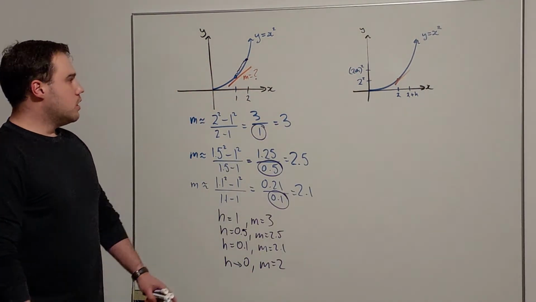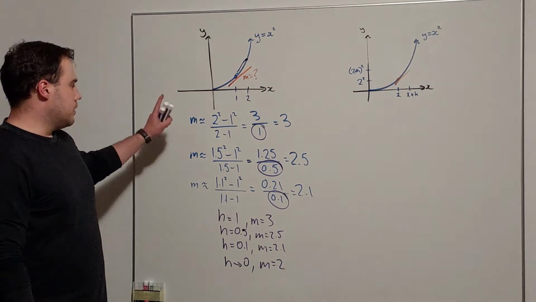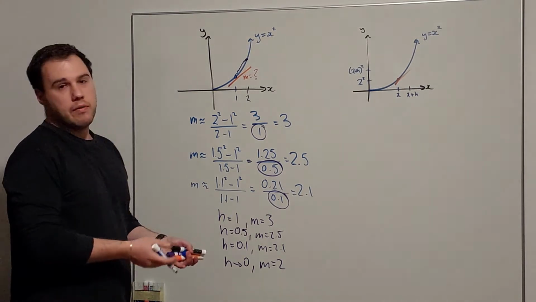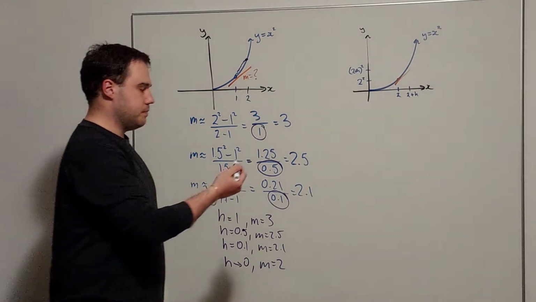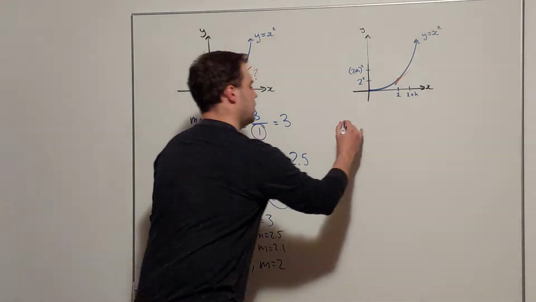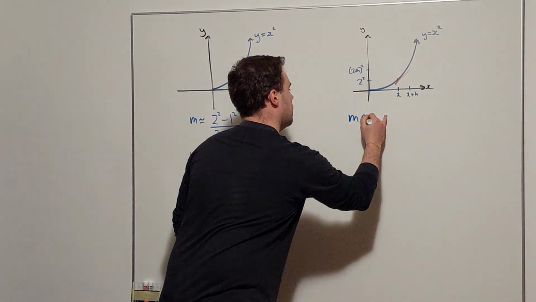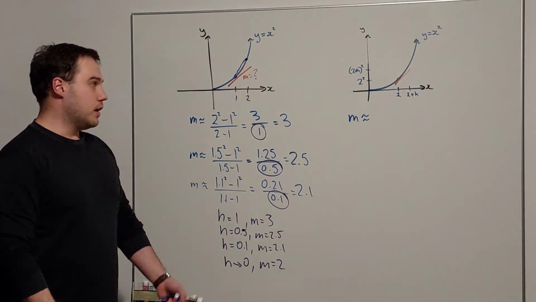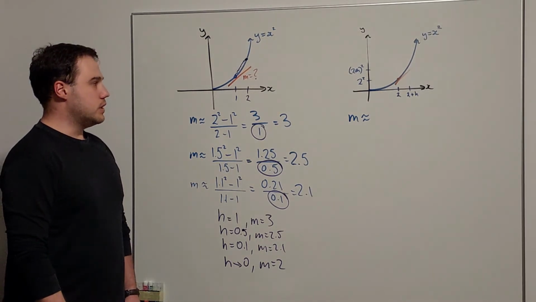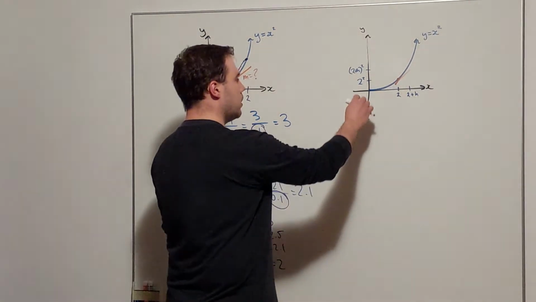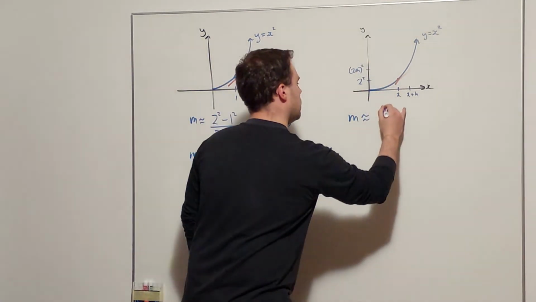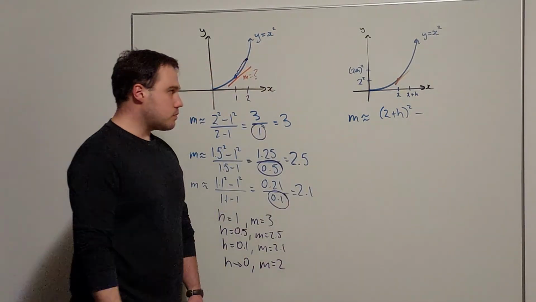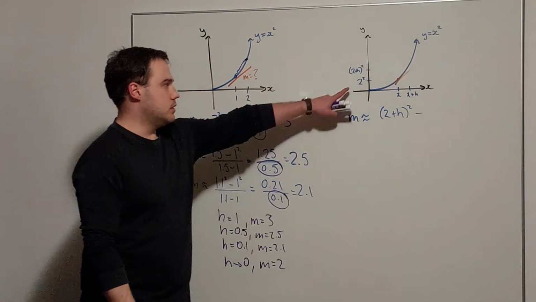All right. So now we can calculate the gradient in a similar way, but instead of putting numbers in, we're going to have an algebraic expression with h in it. So exactly the same as what we did here, the gradient is going to be approximately equal to the rise over the run between these 2 points. So the rise, the difference in the y coordinates, will be (2 plus h) squared minus the 2 squared.